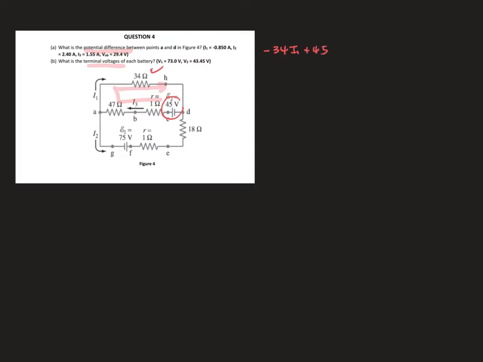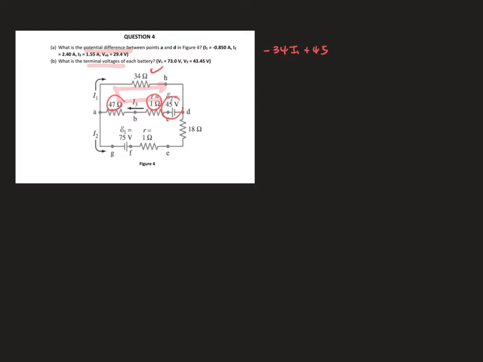And then for the 1 ohm and also the 47 ohm, they are on the same path, which means they have I3 as the current. The potential difference there is going to be negative because my assumed loop direction and my current flow are in the same direction.